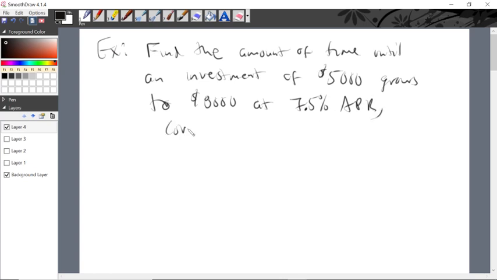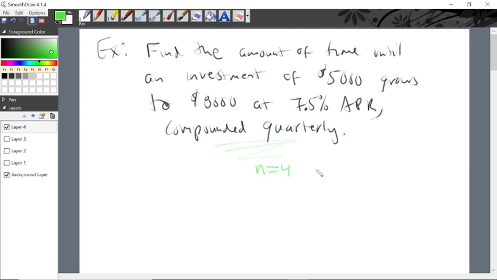Now let's do compounding. We could compound it periodically, or we could compound it continuously. We know how to solve this problem in either case. Let's say we compound it quarterly for this example. So when we're compounding quarterly, that means that n is equal to 4.